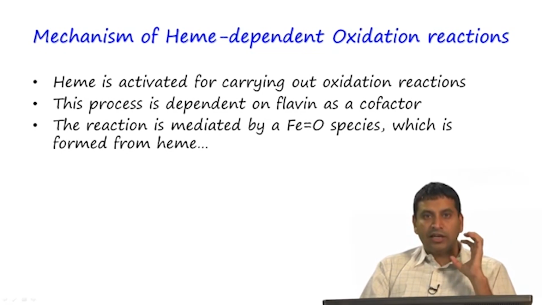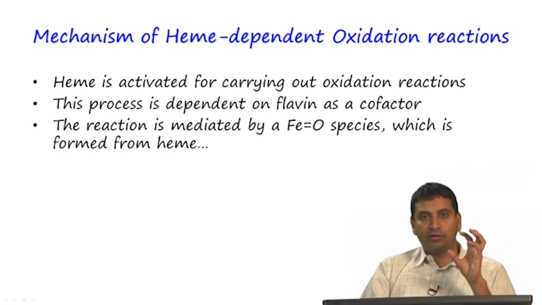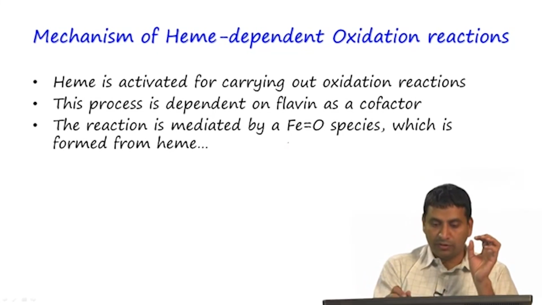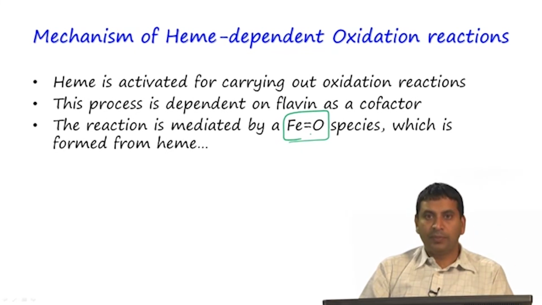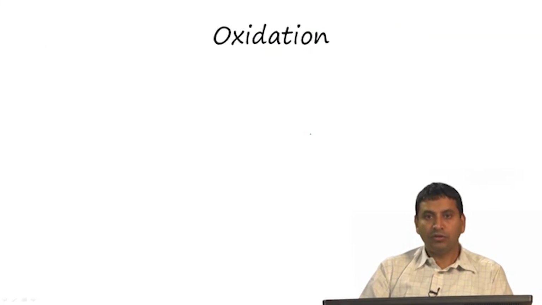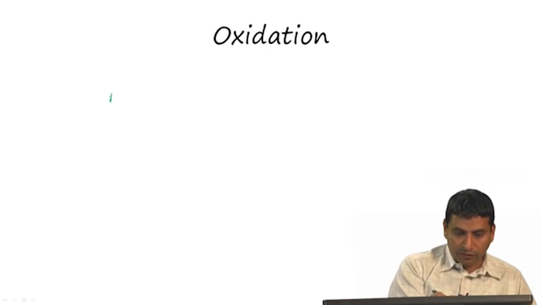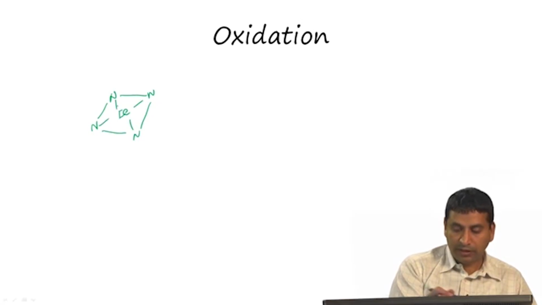The reaction of heme dependent oxidation involves an Fe=O species, and this species is formed from heme, and that process is mediated by flavin. If we were to look at the structure of heme in a very simplistic manner, basically it is a porphyrin ring with iron in the center, and you have many ligands on the top.